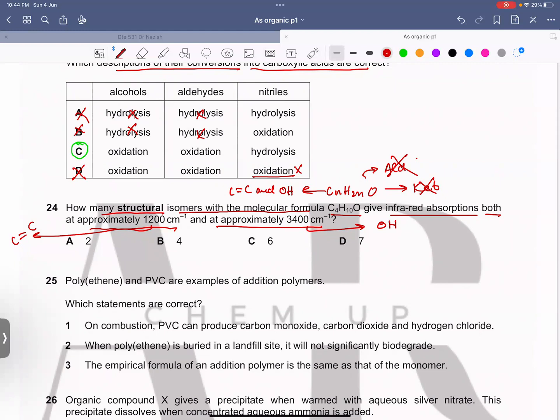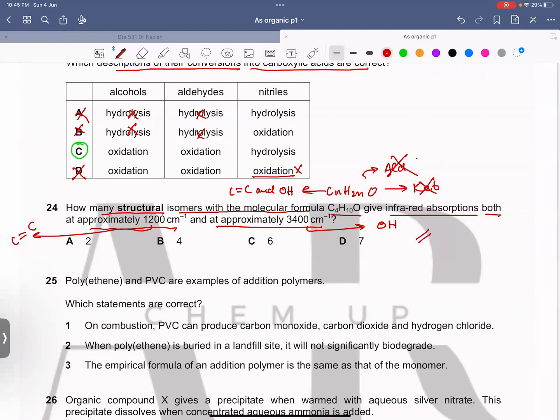The compound which has both the carbon-carbon double bond and OH can show these signals. So now we have to work out how many structural isomers there were.